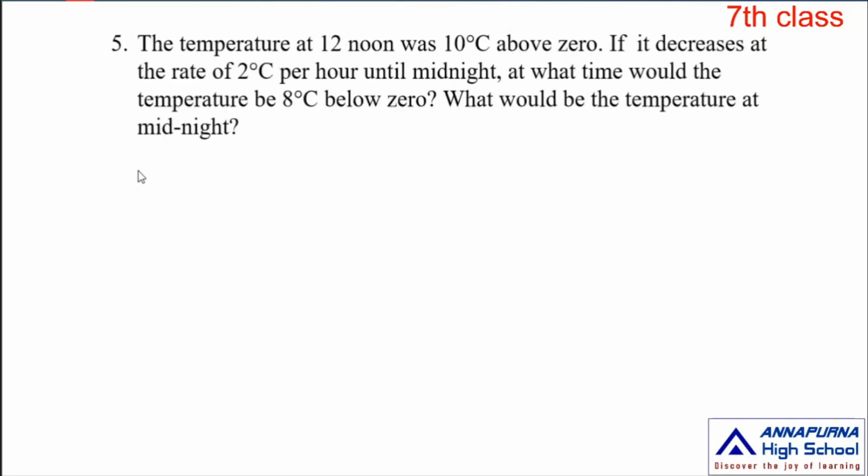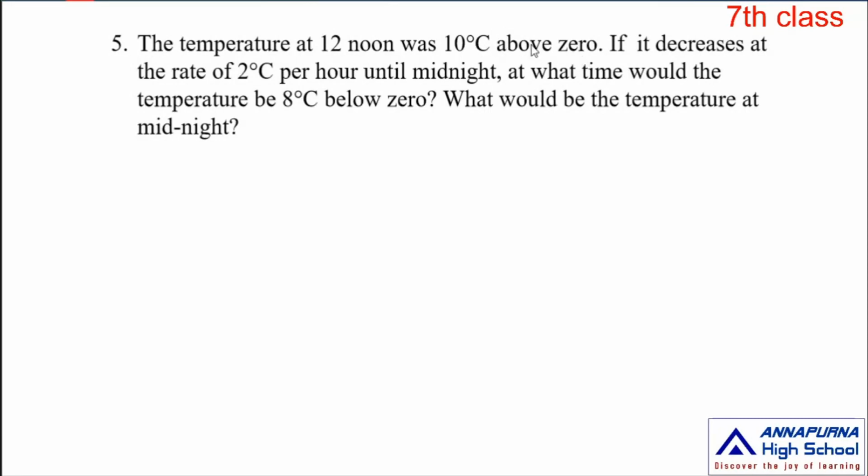Next, come to the fifth one. So already we did the same problem in exercise 1.3. So maybe the page number 6, this is also same as that one. Let me read the problem. The temperature at 12 noon was 10 degrees centigrade above 0.